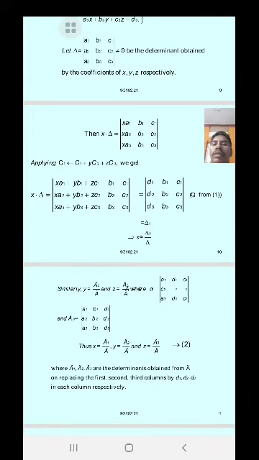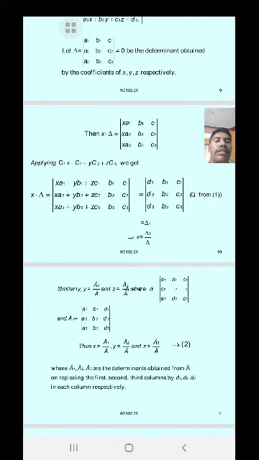So b1 c1, and the next second row: x a2 plus y b2 plus z c2, b2 c2, and the last row: x a3 plus y b3 plus z c3, b3 c3.